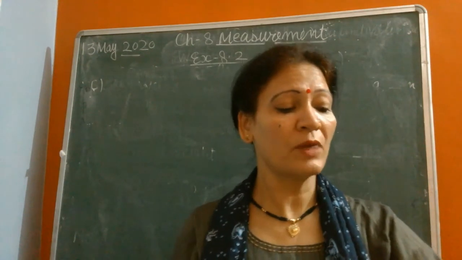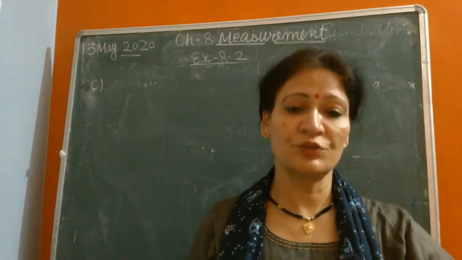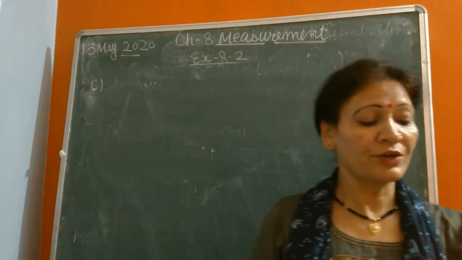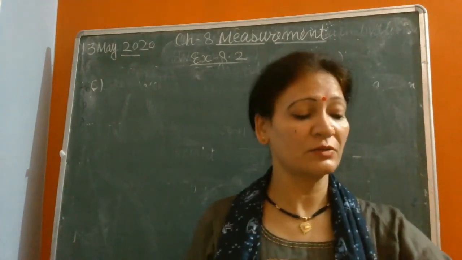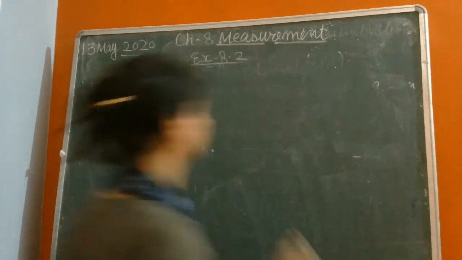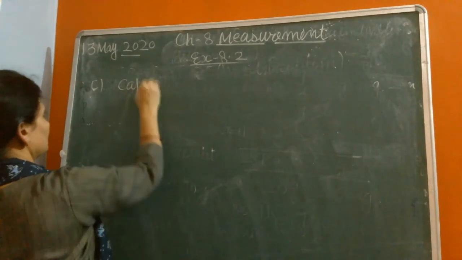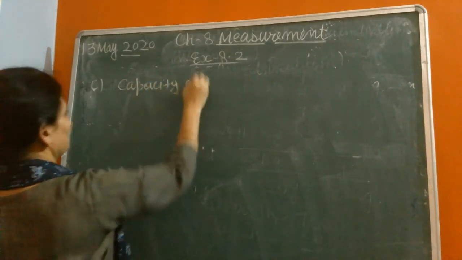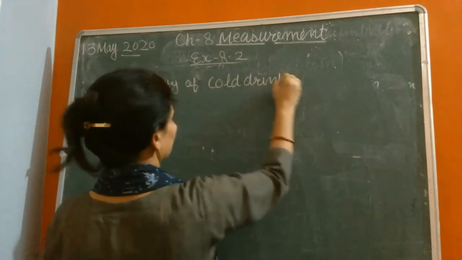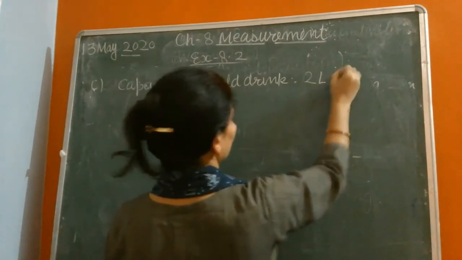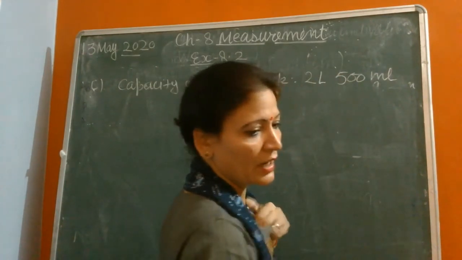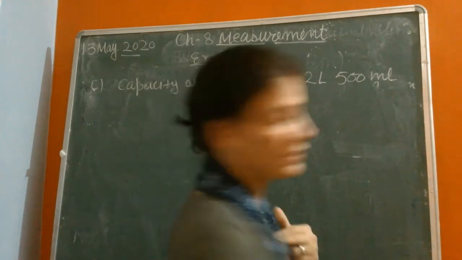How much cold drink did the guests consume? Now, the capacity of the cold drink is equal to 2 liter 500 milliliter.